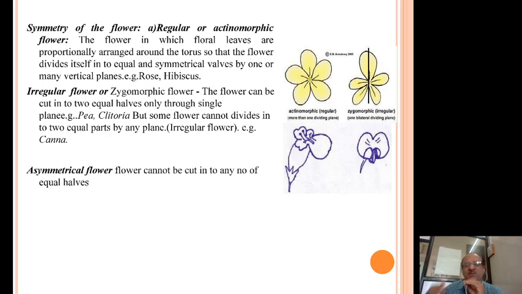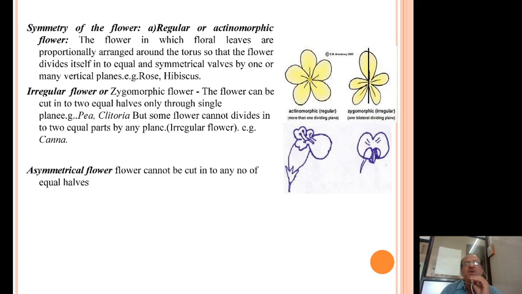Or just take our body: you can divide it into two equal halves. Both of the sides are equal. So that is your symmetry. Now, according to this symmetry of flower, the first type is the actinomorphic flower. In an actinomorphic flower, if you divide that flower into two equal halves by any plane, any direction, the flower will always be divided into two equal halves.